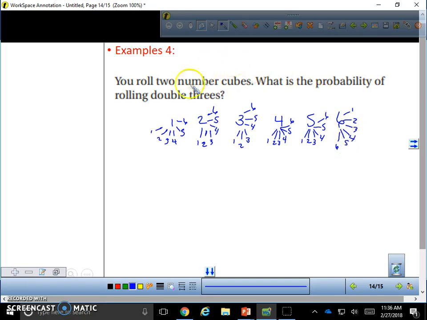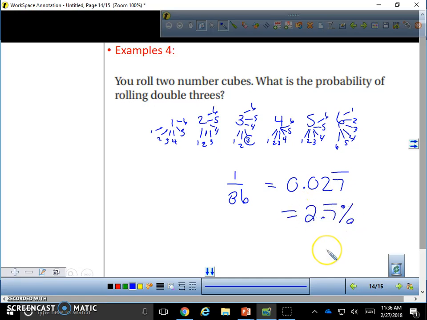Okay, so double 3s only happens right here. So 1 out of 36, which is the probability of 1 divided by 36, is 0.027 repeating, which is a 2.7 repeating percent chance. Very slim.